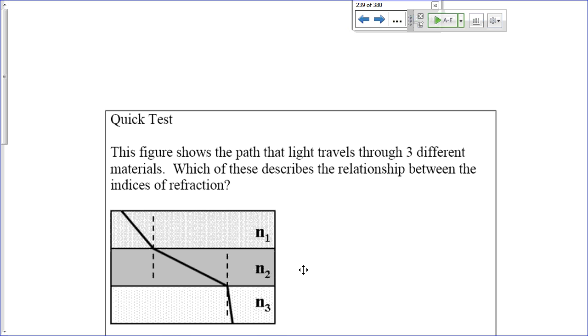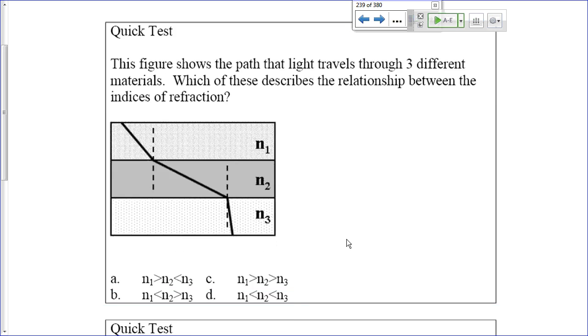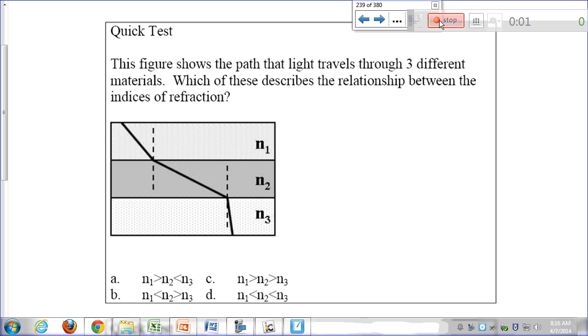Solve this. I think that's where we left off, right? All right, let's try this one using that idea. I understand that the inequalities here aren't written correctly, that the symbols are all mixed up, but which of them describes the relationship between the indices of refraction?